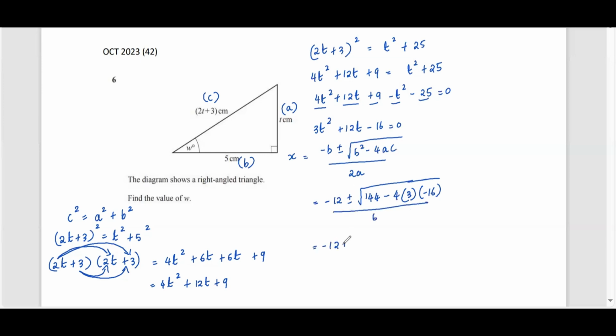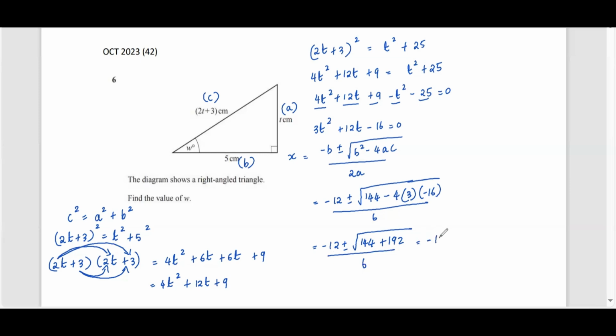This is minus 12 plus or minus root of 144. Minus 4 into 3 is minus 12. Minus 12 into minus 16. Let's put that in calculator. Minus 12 into minus 16 will give us 192. So that is positive 192 divided by 6.